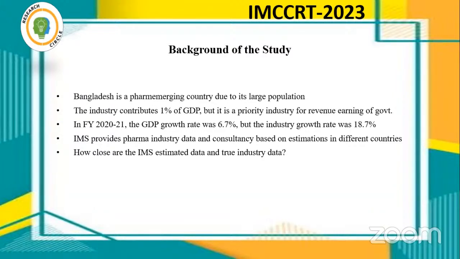The IMS provides pharmaceutical industries data not only in Bangladesh, but also in Asia and outside Asia, in different countries, based on different estimation techniques. But the question is how close the estimated data provided by IMS is to the actual industry data.